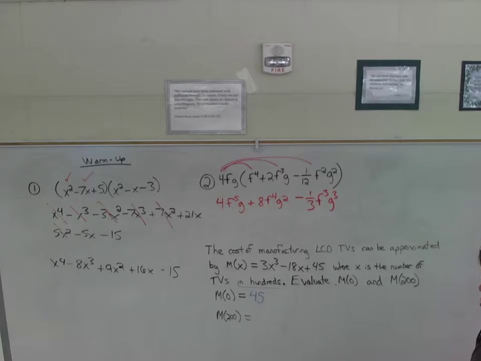Do we know that this is just in dollars? Did it say what units M was in? It didn't. What do you think this is more likely to be? Let's try to make this more realistic. If we're running a TV factory and we're lighting that factory and heating that factory and paying for the electricity and other things, it wouldn't just be hundreds of dollars.